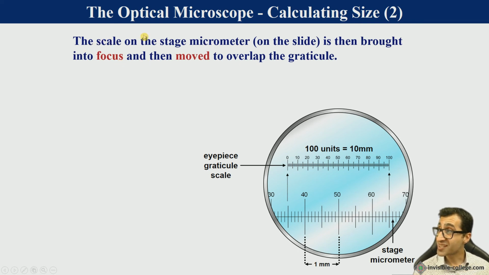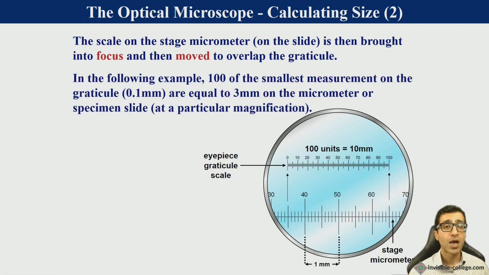Well, for a start, the scale on the stage micrometer is first put onto the slide and then brought into focus using the coarse and the fine focusing knobs so that it's clear as viewed through the eyepiece, like this. And then it's moved to overlap the graticule on the eyepiece, which is shown here.